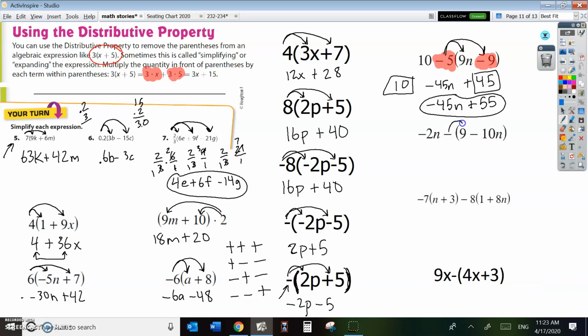Distribute the negative first. If it helps, think of it as negative 1, and go ahead and put a 1 in there. Negative 2n, and then inside the parentheses the 9 is positive, but when you distribute the negative to it, it becomes minus 9.